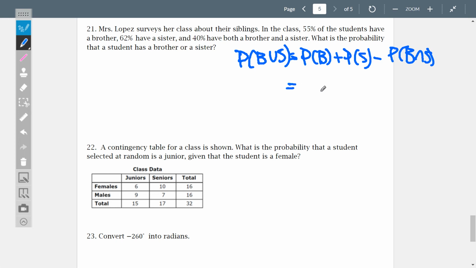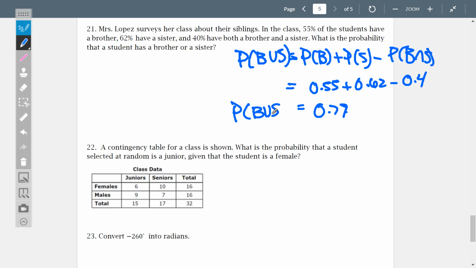So 0.55 plus 0.62 minus 0.4. So 0.77 is the probability that a student has a brother or a sister.